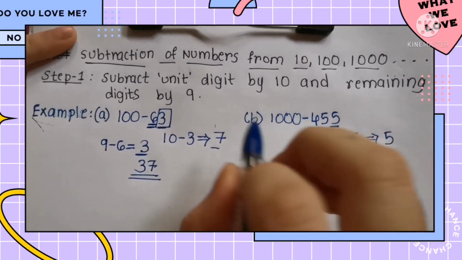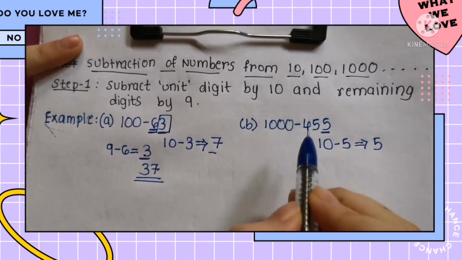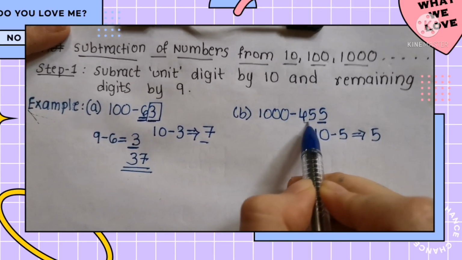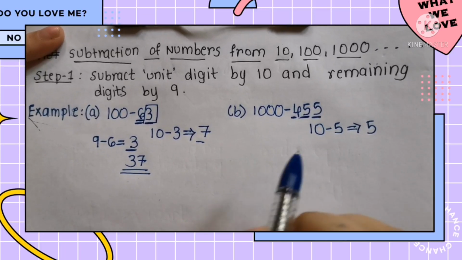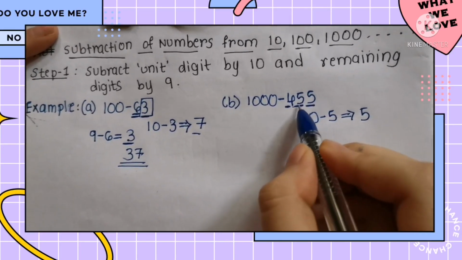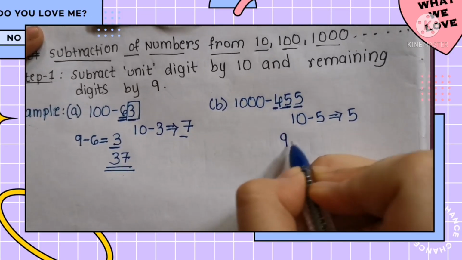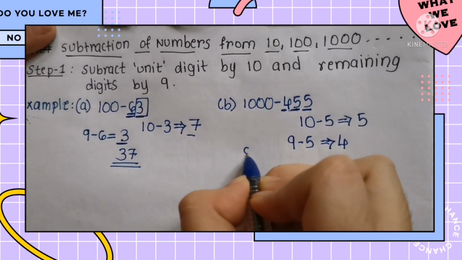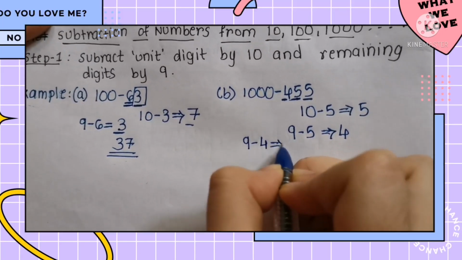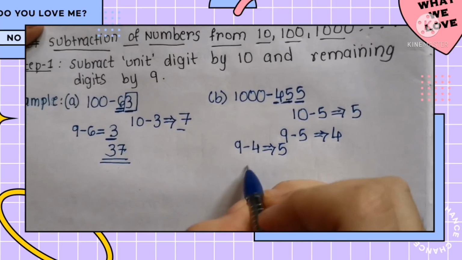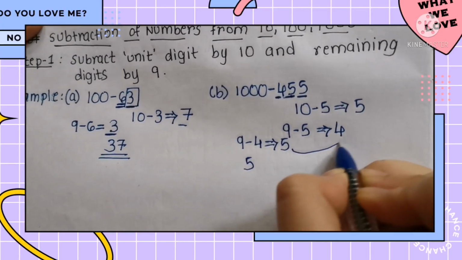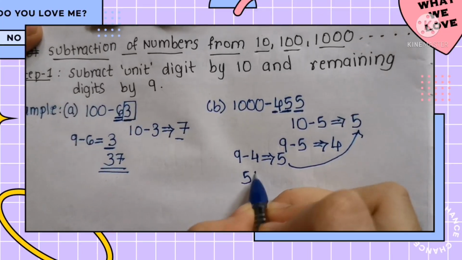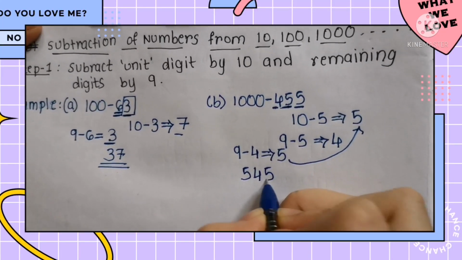The second step is subtracting the remaining digits, which are 5 and 4, from 9. Let's go stepwise. Subtracting 5 from 9, we get 4. And subtracting 4 from 9, we get 5. So our final answer, going this way, is 4, 5, 4, 5.